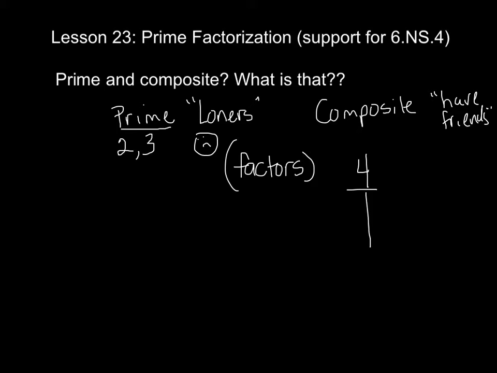Well, I could do 1 times 4 to get 4, but I can also do 2 times 2 and get 4. So that number has other friends. It has 2 times 2 also. So we call 4 a composite number. So 4 is composite.